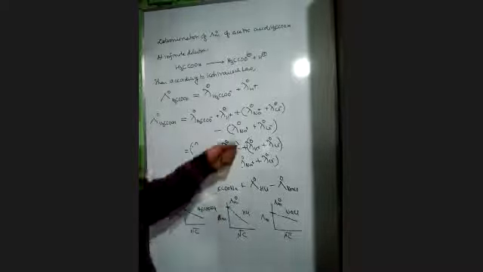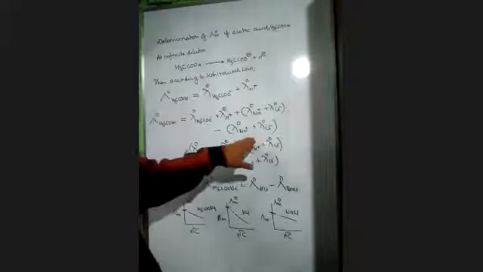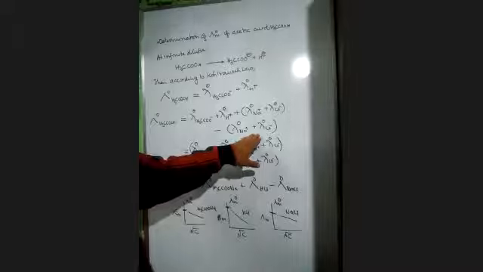It is not that you have to take sodium chloride. You can take potassium chloride or any other electrolyte. For simplicity, I have taken sodium chloride. So in that case, what did I do? I have added and subtracted this sodium chloride, and after that I have simply rearranged it.